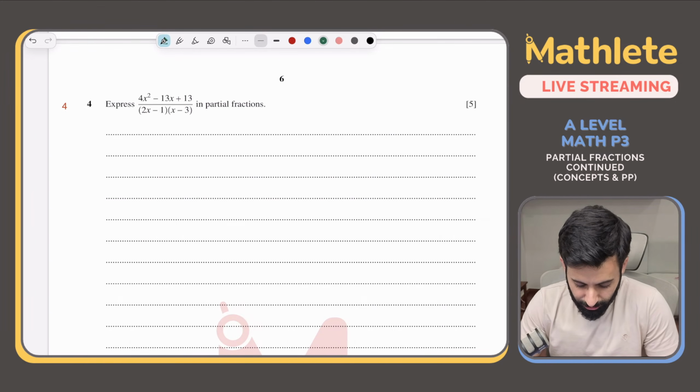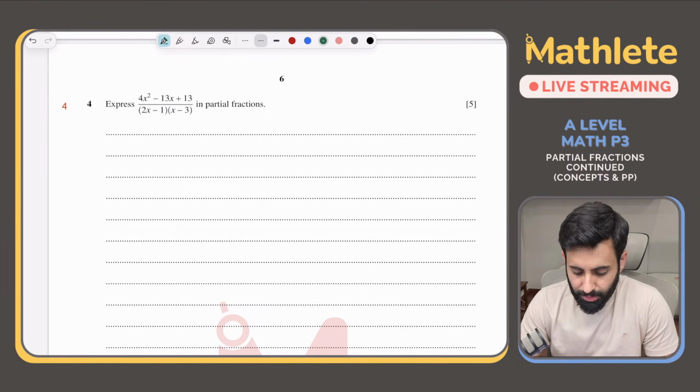What is my advice for maths composite? Only do it if you have good reason. If you don't have good reason, then don't do it.